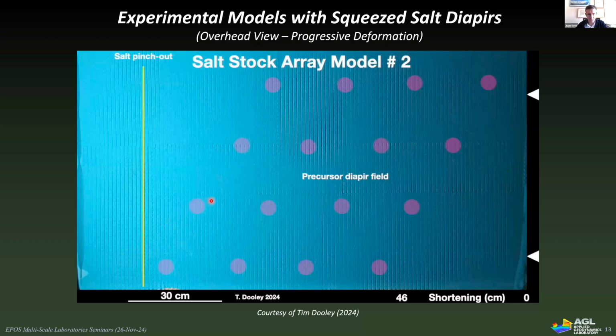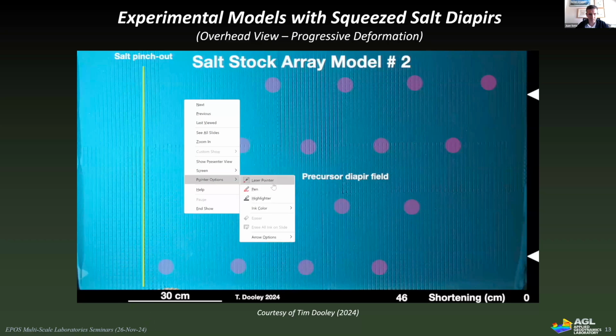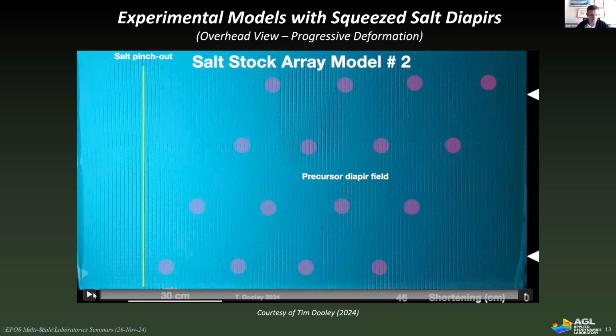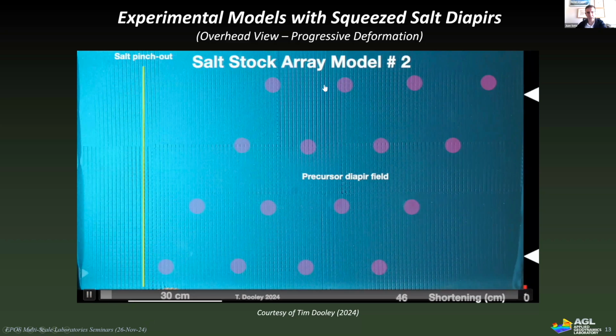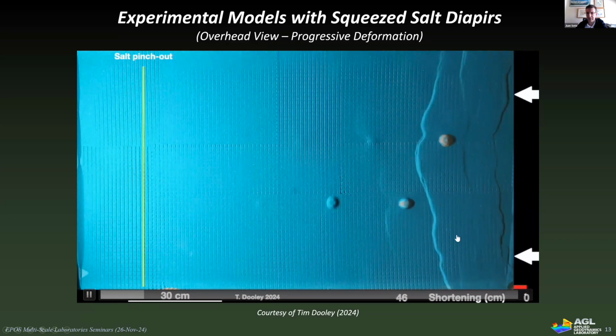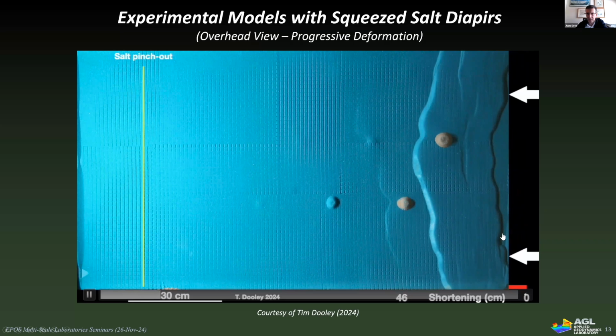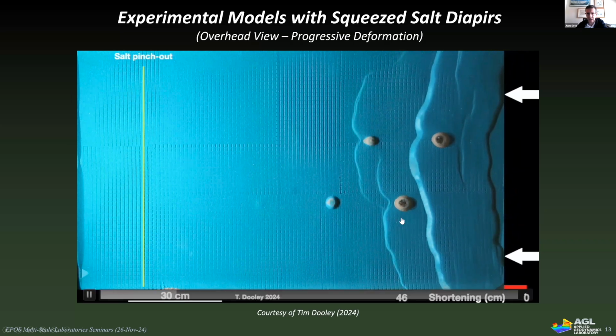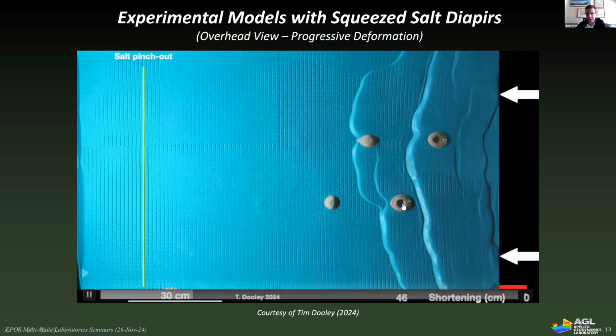So in this case, let's see if the animation is running. In this model, we have previous diapirs, and the area is being deformed from the right to the left. The left is fixed. And look at the evolution of the salt diapirs.